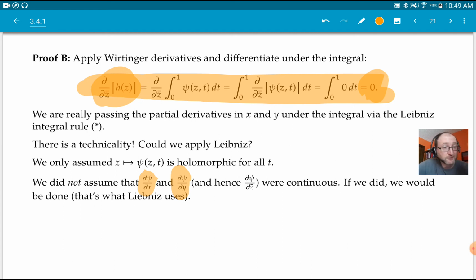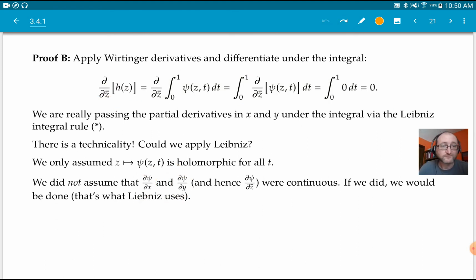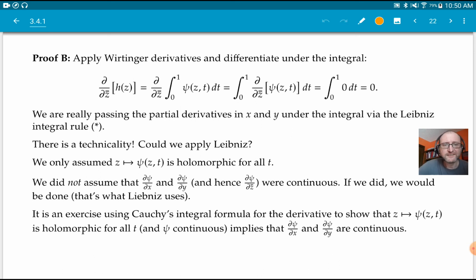And so Leibniz does tell us that as long as these guys are continuous. But this is actually an interesting consequence of the Cauchy integral formula, and it's an exercise in the book, that you don't actually need to assume that these are continuous. If we were talking about anything other than holomorphic functions, you would need to.